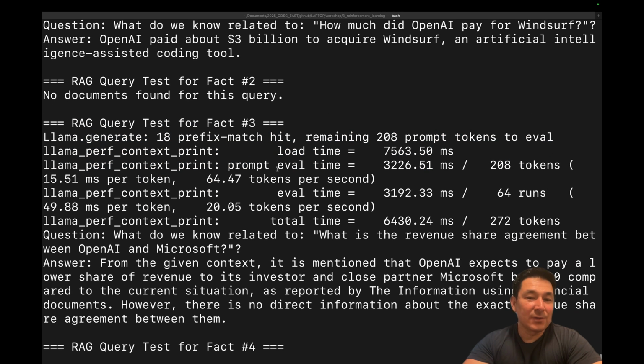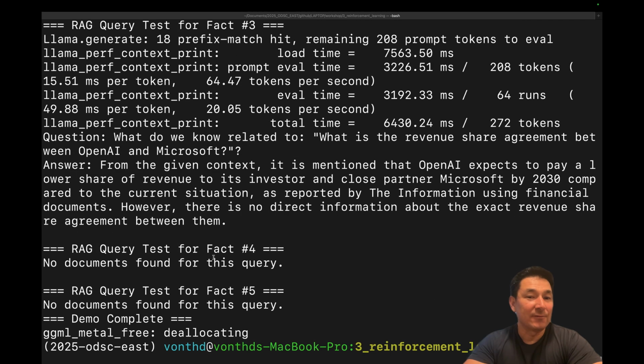And we also entered our third fact into our short-term memory, which is relating to the article of OpenAI and Microsoft. Note that we didn't get any hit for the questions relating to the data that we did not enter into short-term memory, which is fact 2 and fact 4 and 5. So this is proof that we actually have information relating into our short-term memory.